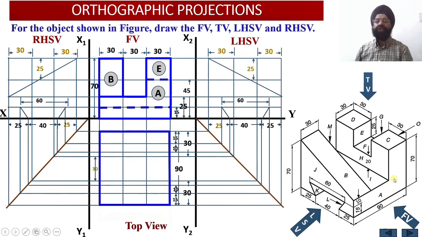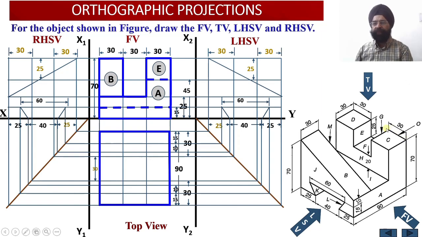Now I am going to start with darkening of the edges which are visible to the observer. So in the top view, please check, this whole square will be visible to the observer. Please check, this surface as well as this surface. So this surface and this surface will appear in a single straight line. I have drawn a straight edge over here.